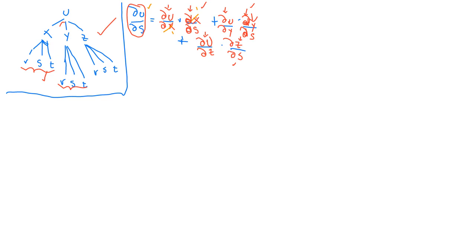All right. Well, now that we got the rule set up, it's just a matter of computing partial derivatives. So the partial derivative of u with respect to x is going to be 4x cubed times y. The partial derivative of x with respect to s is going to be r times e to the t.